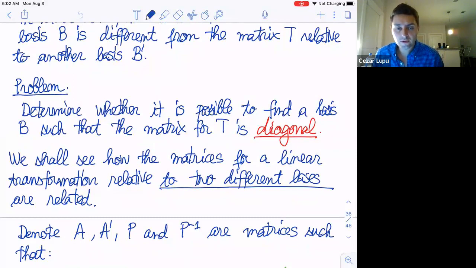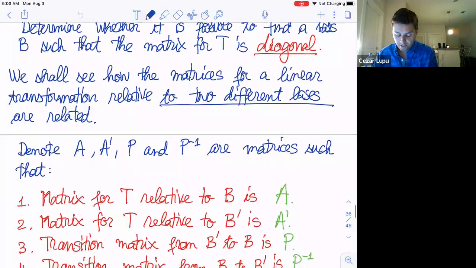Already we're making an assumption here that P is invertible, so the determinant is non-zero. Like I said, P is invertible, so P inverse exists. These four matrices satisfy the following four conditions.